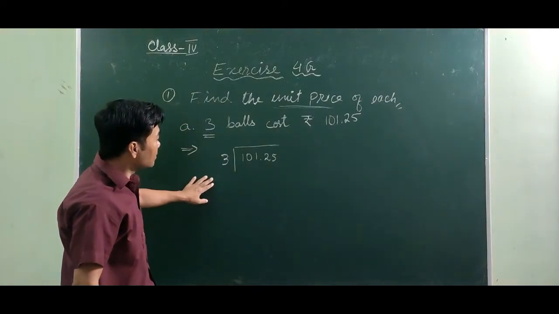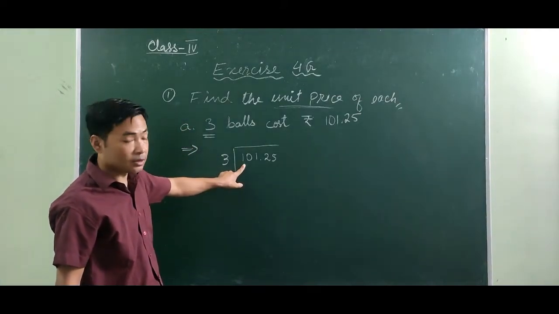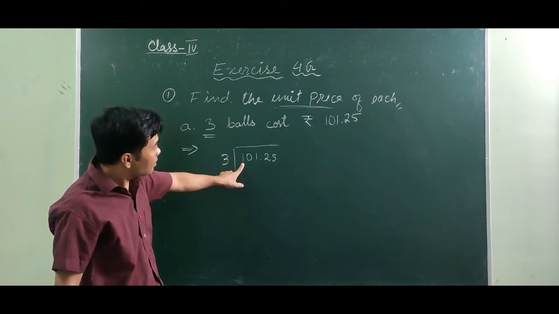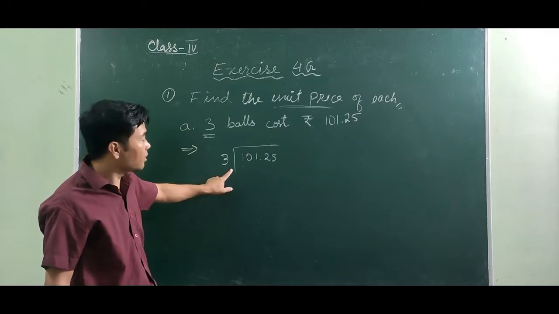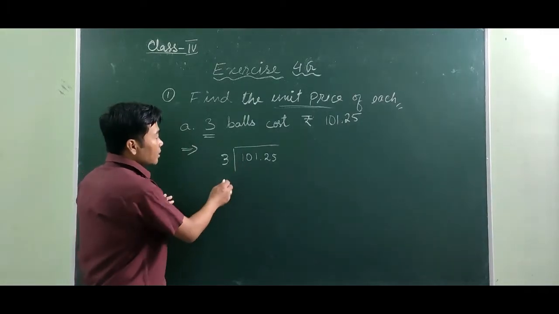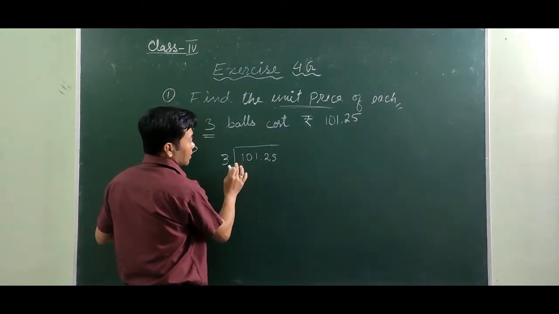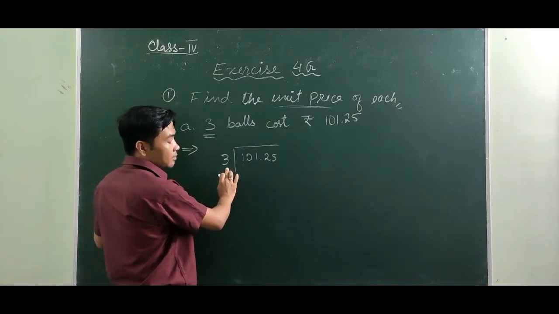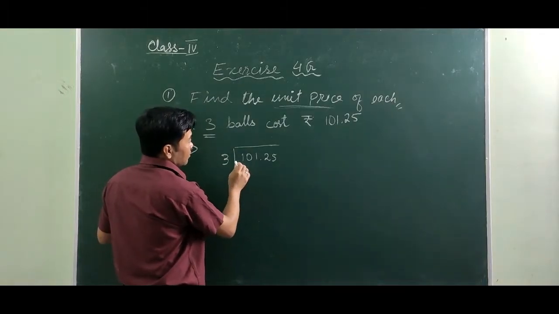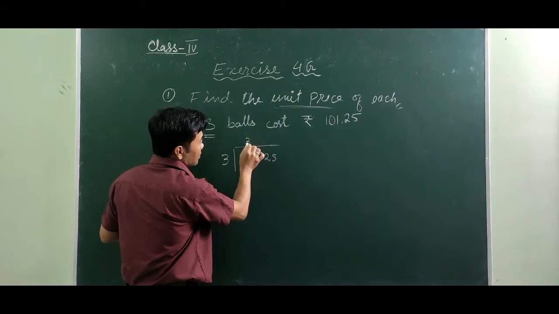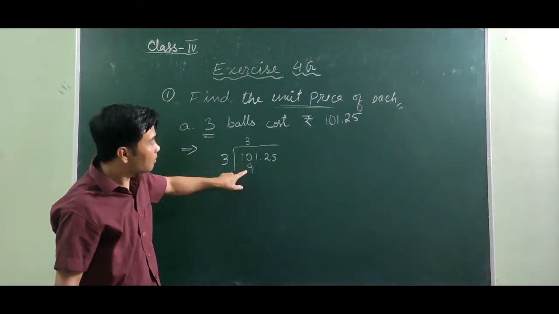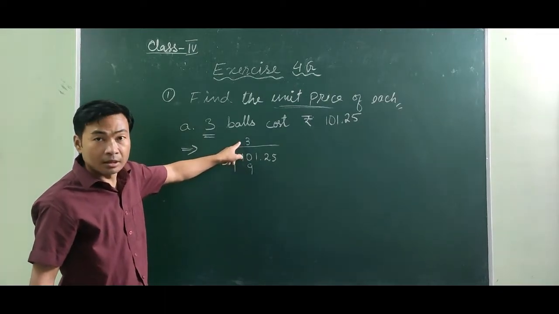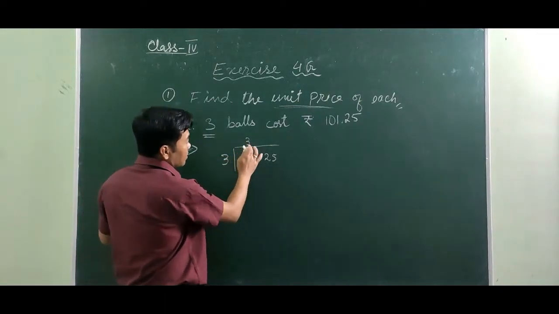Now the first thing is that this is 1 digit, we have to start with 1 digit, but since the first digit is smaller than the divisor, we have to take 2 digits to make it bigger than the divisor. So 3 times 3 is 9. So what you need to do is that you have to write in the right place. If you write here, it will be wrong. So 3 times 3 is 9.